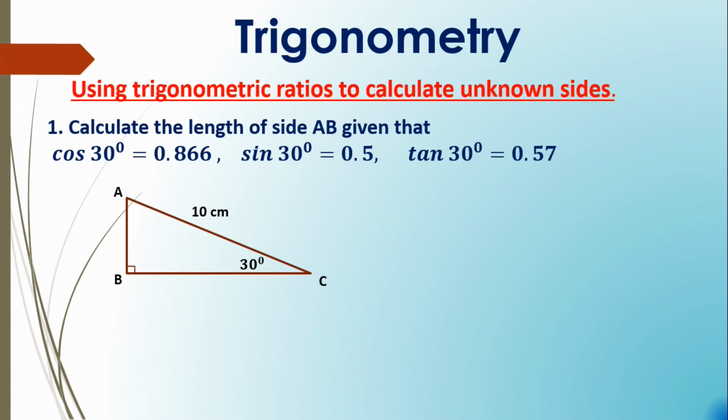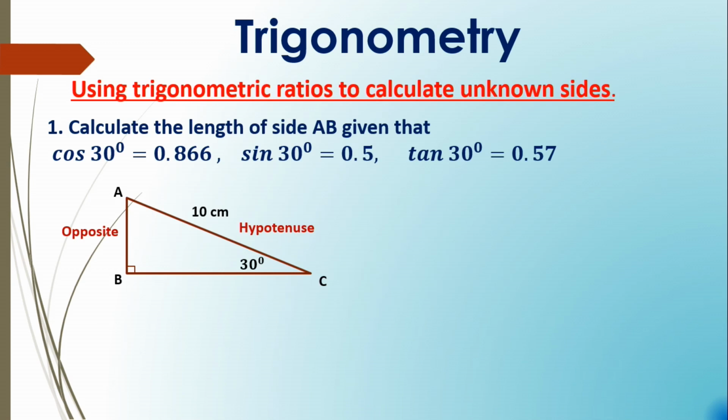So first, we are going to analyze this triangle. We're going to write the given side, which is here the hypotenuse. Then you are asked to calculate AB. The length of AB is called the opposite of the angle 30 degrees.